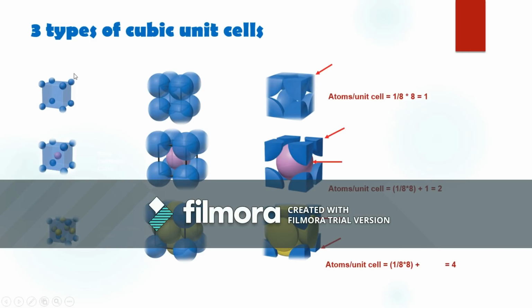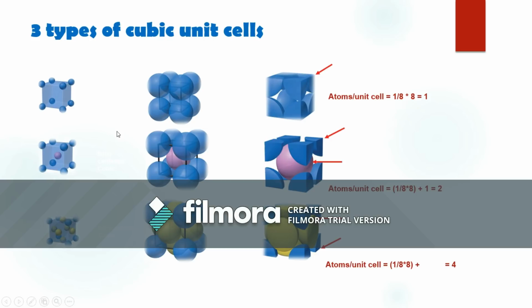In a simple cubic cell, it is made up of 8 atoms, but each is 1/8, so 1/8 times 8, because there are 8 atoms at the edge: 4 at the top and 4 at the bottom.